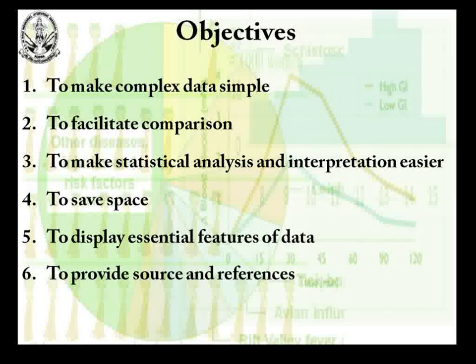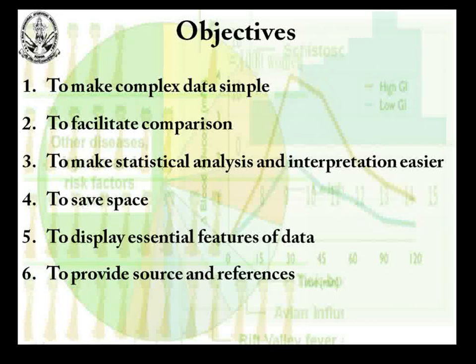There are a lot of objectives for tabular representation. First, to make complex data simple, then to facilitate comparison, then to make statistical analysis and interpretation easier, as averages, correlations, etc. become easier. Then it saves space.